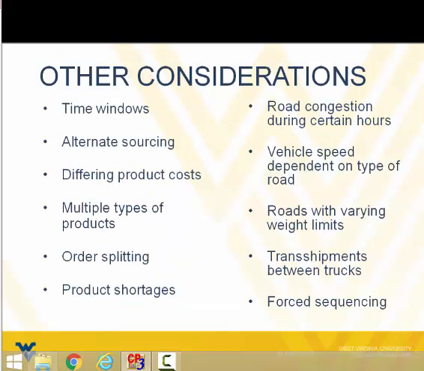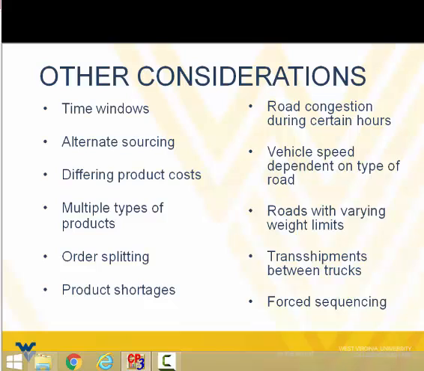Now, one of the things about vehicle routing is it becomes very complex because there's a whole bunch of different considerations, both from the shipper's perspective, the customer's perspective, as well as the vehicle operator's perspective, whether it's a truck or a rail car or a barge of some sort.